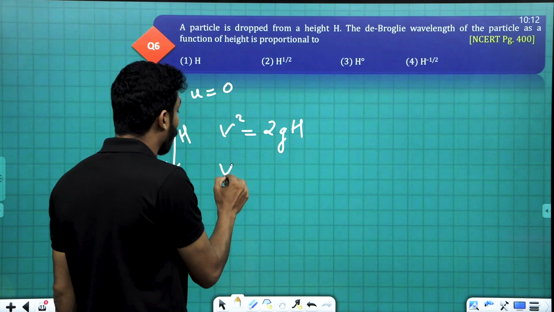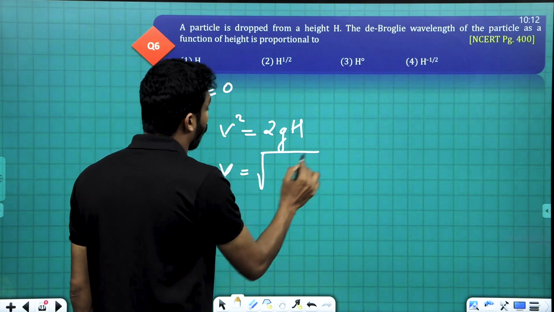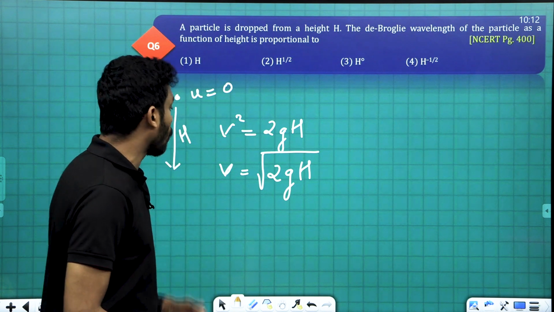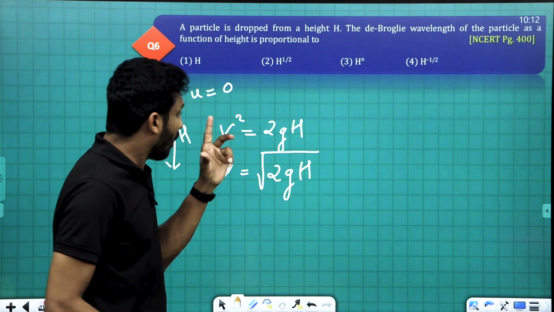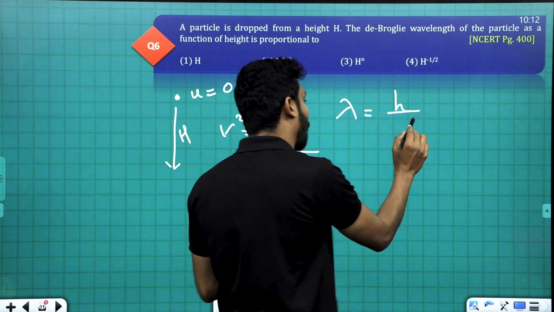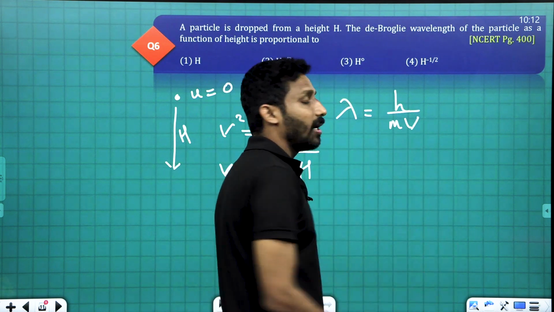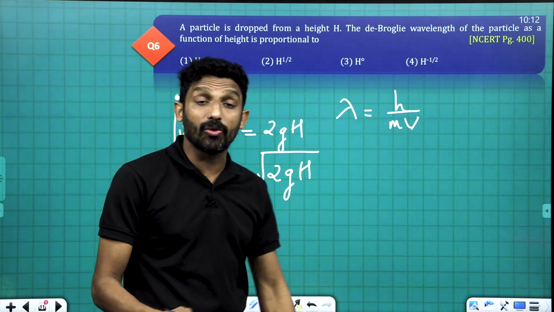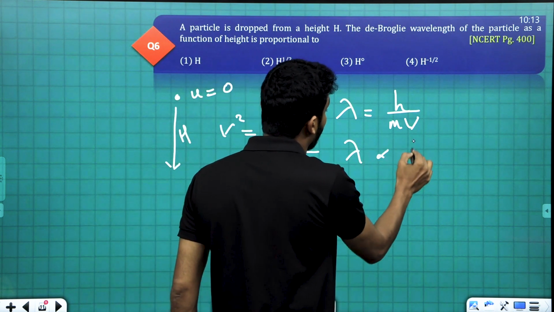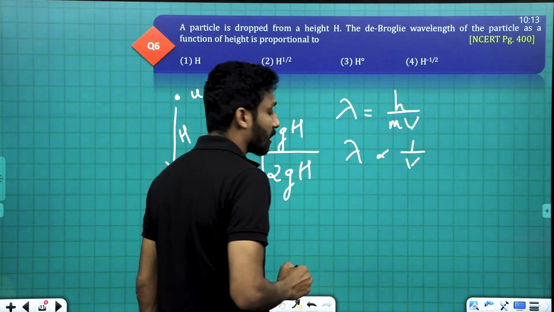So the speed of the particle in free fall starting from rest is v equal to root of 2gh. And we have the de Broglie wavelength lambda equal to h divided by p. p is mv, so lambda is h divided by mv, which means lambda is inversely proportional to 1 by v. Clear?